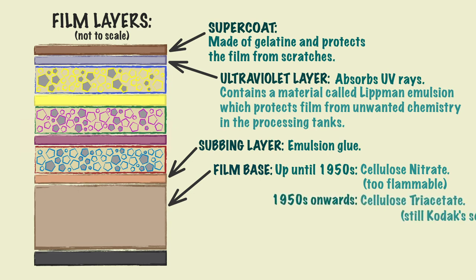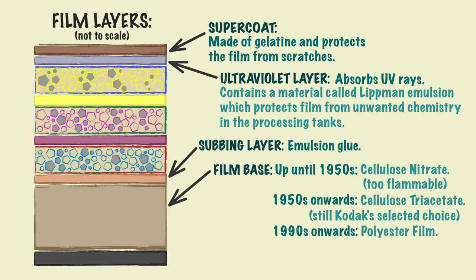For Kodak camera film, cellulose triacetate is still the selected choice because of its ability to break rather than break the camera. However, since the 1990s, many other motion picture lab films have converted to a polyester film base due to its stronger structure, longer shelf life, and minimal deterioration.